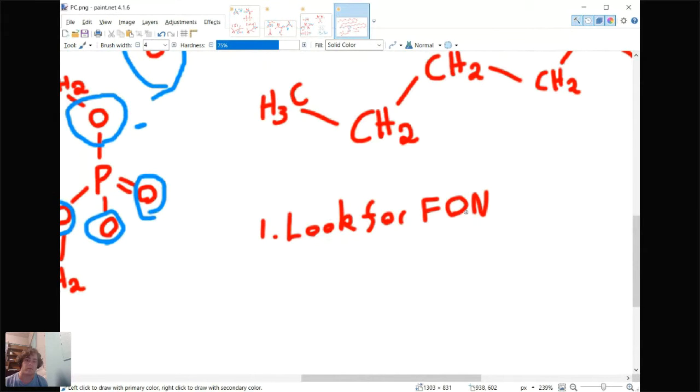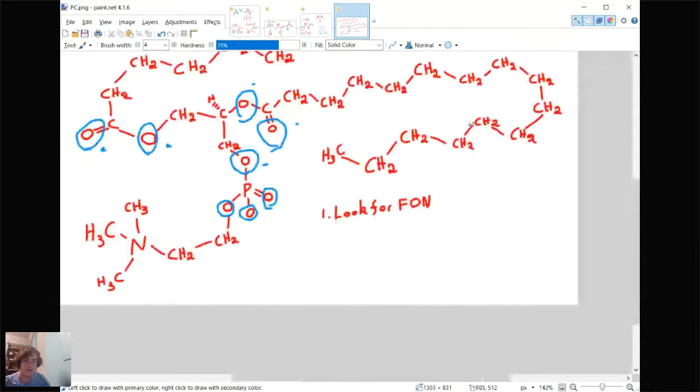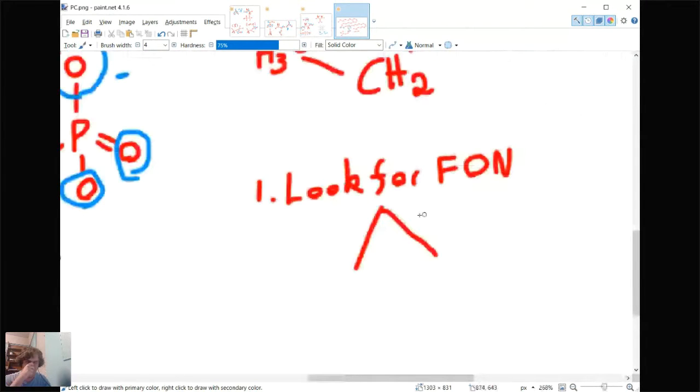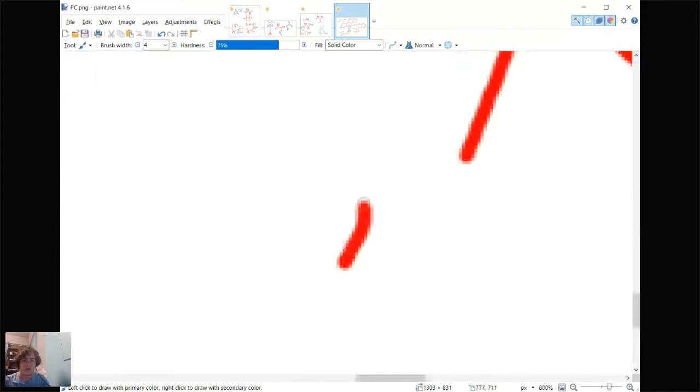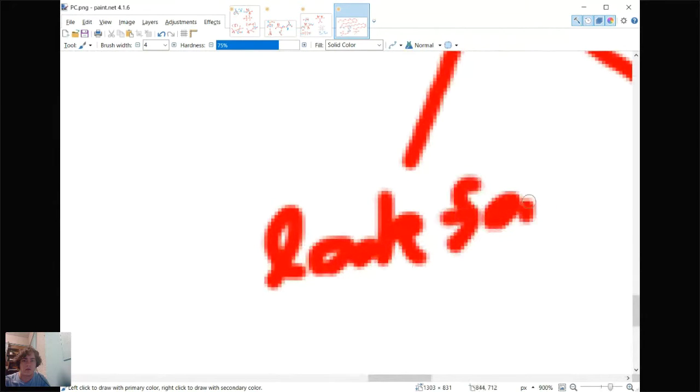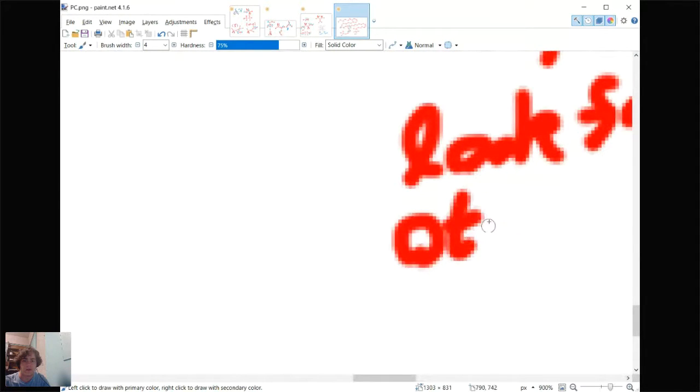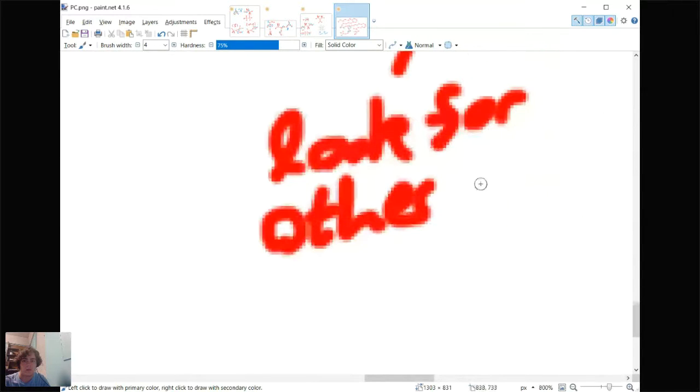There's like a tree diagram here. What's the case if there's none of these? The next step, if there's none of these, would be to look for other polar bonds. We'll call it PB.